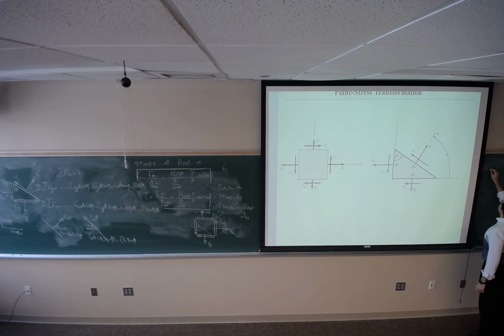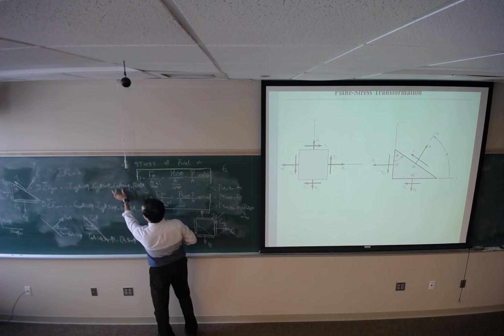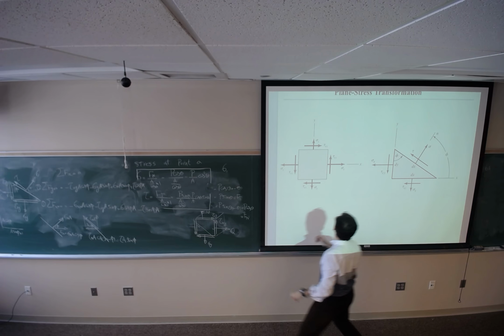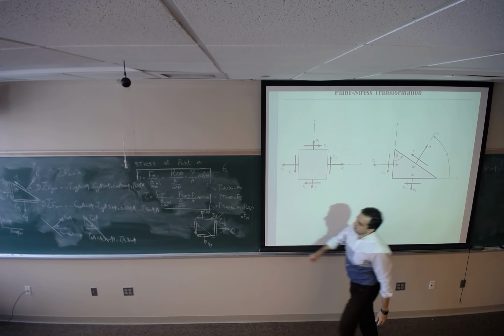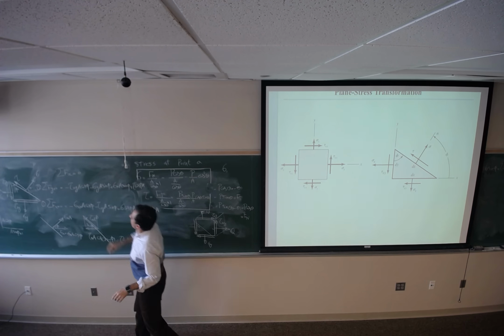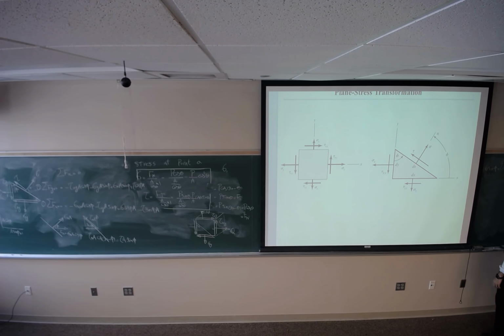Sigma a, I start from this one. Sigma a, not a. Sigma sine of phi plus tau cosine of phi minus tau xy cosine of phi minus sigma x sine of phi equals to 0.